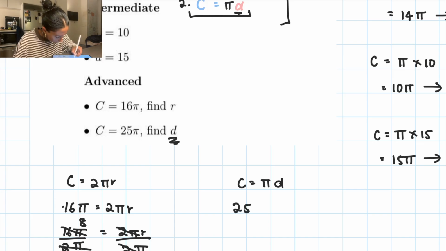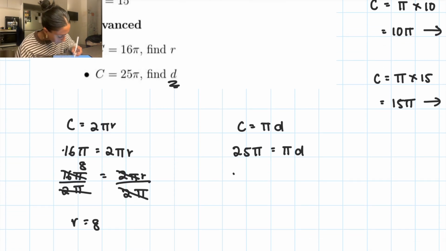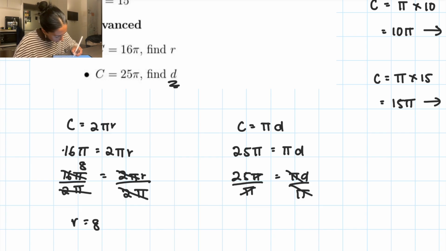Circumference is 25 pi is equal to pi times the diameter. Divide both sides by pi. That cancels out there, and the pi's cancel out there, and you're left with the diameter equaling 25.